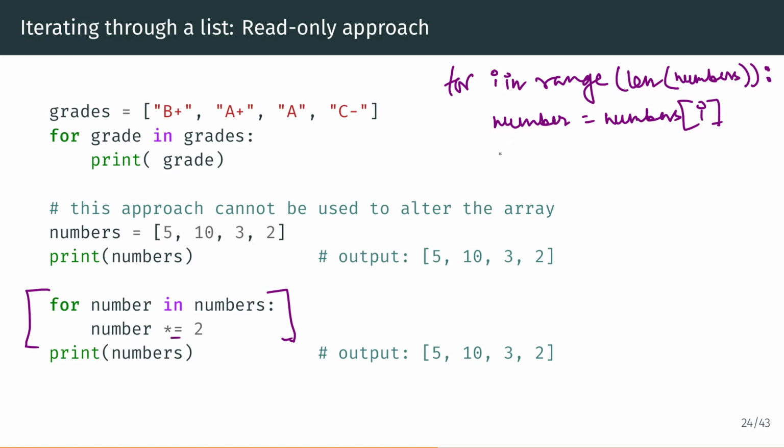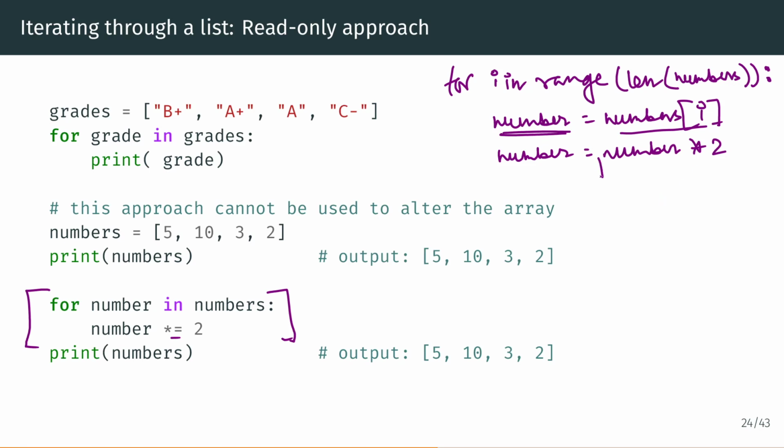So number equals number times 2. What's happening here is, I create a temporary variable called number inside the loop, and this temporary variable number contains a copy of the value. It does not refer to the actual variable. It contains a copy of the value.